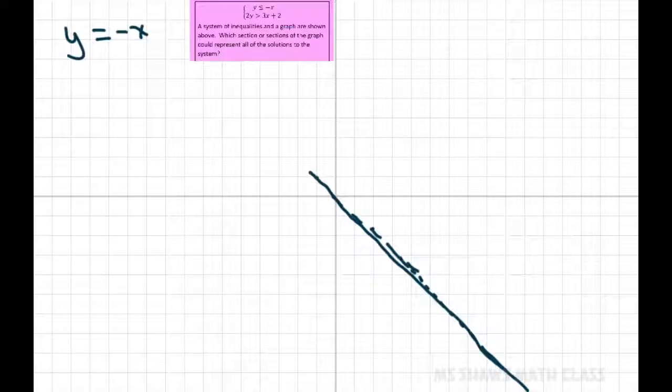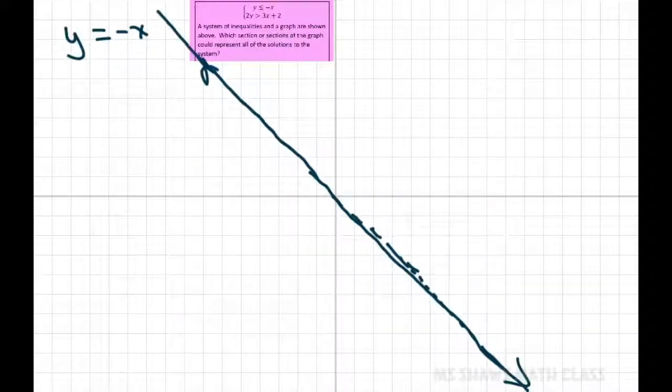It's very hard to draw on this thing, but let's see if I can do it. So it's something like that. All right, I can continue on off the page. Now it says that it is less than, but we're going to do that in a minute.